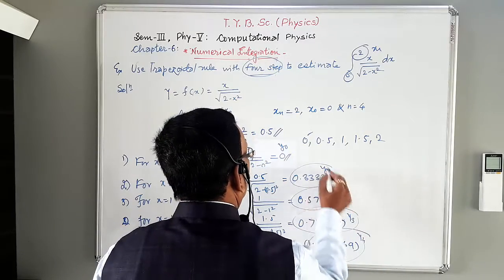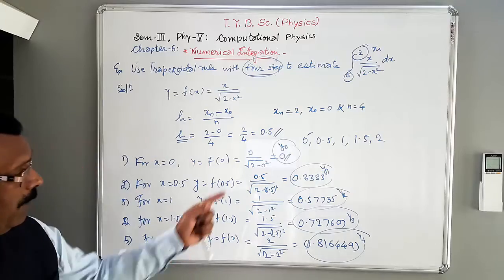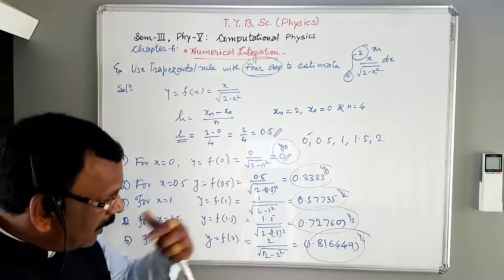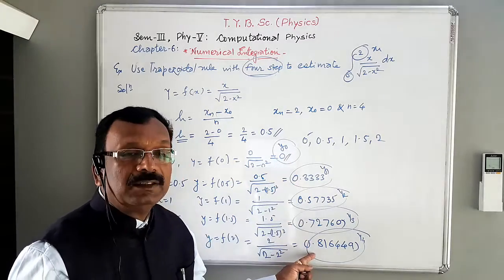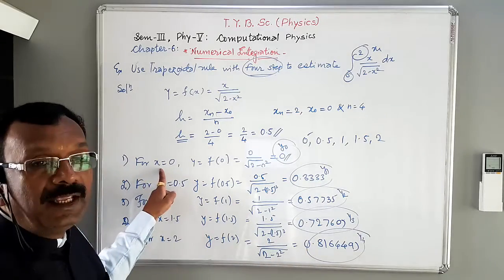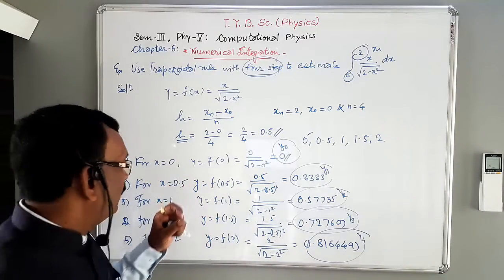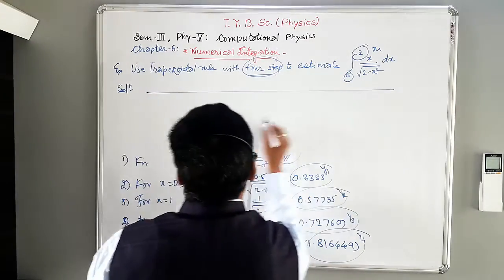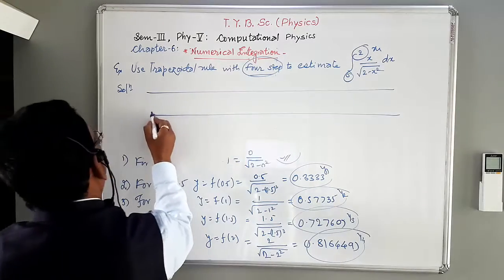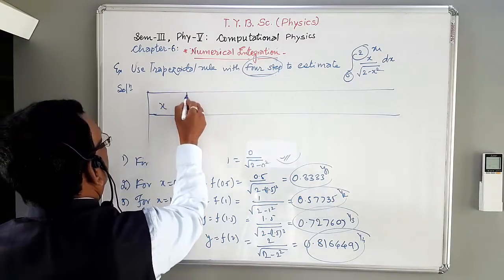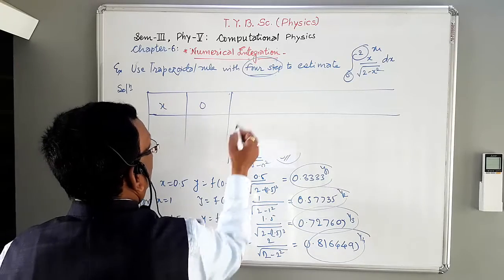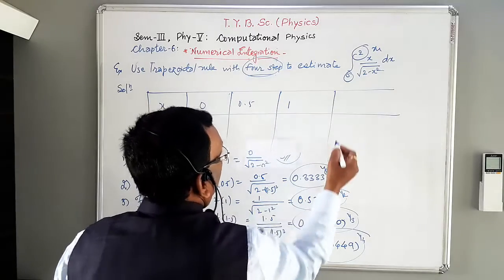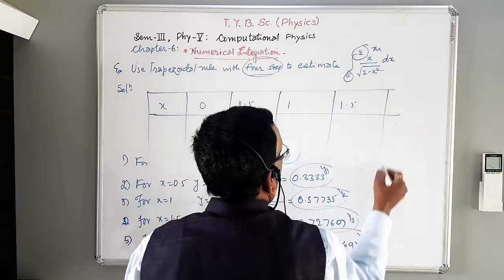Now, we are going to prepare a table for this result. The table is very simple; in another way, we can tabulate these values in tabular form. See here, we have x: 0, 0.5, 1, 1.5 and 2.